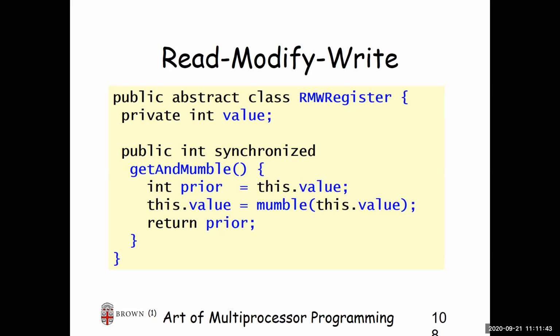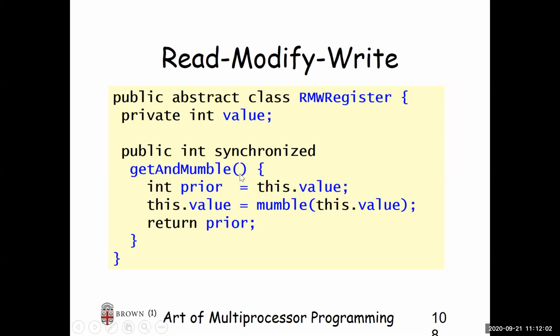We're going to make an abstract class RMW register, and it's going to have this synchronized get-and-mumble value method. We're just putting synchronized on here because this has the semantics that we want, not because we're really going to have mutexes doing this.